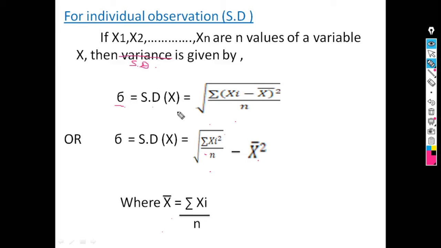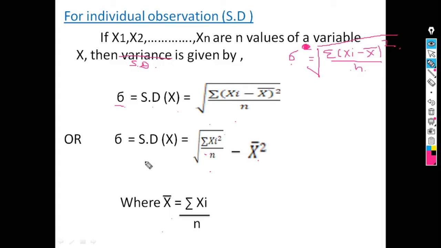Sigma is equal to standard deviation of x. We know the definition of variance, sigma square is equal to summation of xi minus x bar bracket square divided by n. And standard deviation is just the positive square root of this, means for standard deviation the notation is sigma and it is square root of summation of xi minus x bar square divided by n.